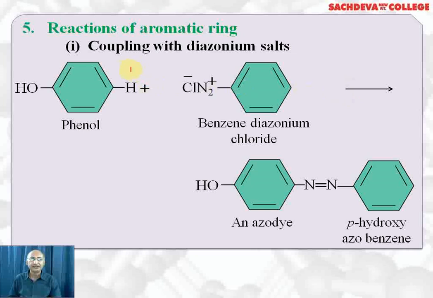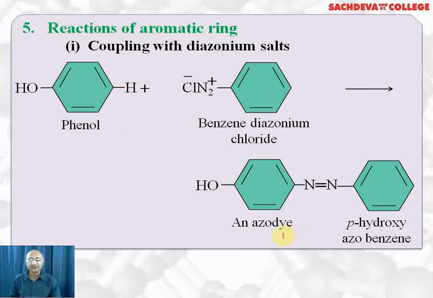Next, we are taking reactions of the aromatic ring, or coupling with diazonium salt. This is a most important reaction called the coupling reaction. It can also be used as a test for phenol. Here phenol is being reacted with benzene diazonium chloride. So Cl- from here and H+ from here, HCl will be removed and we will get para-hydroxyazobenzene.